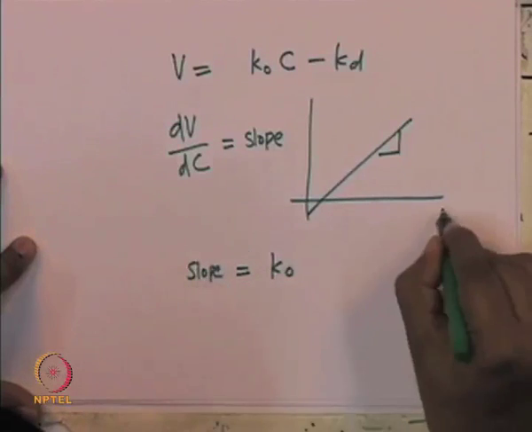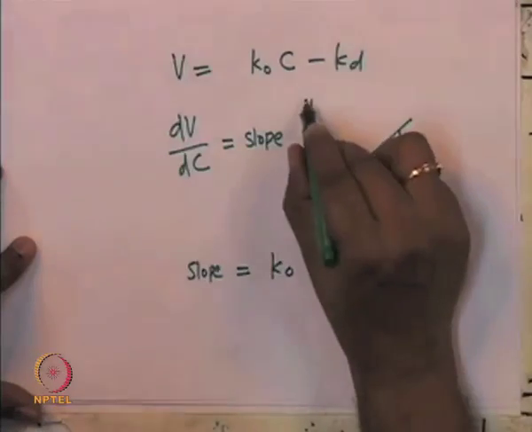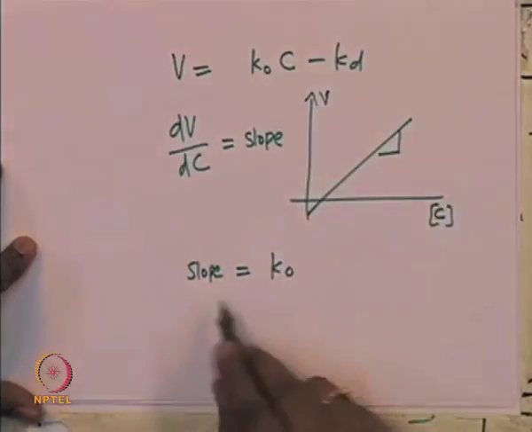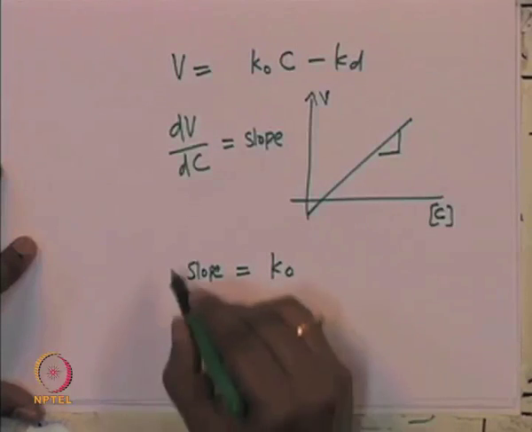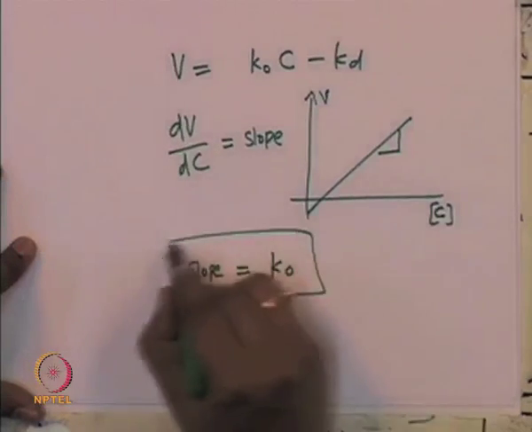So, this is C and this is V, and the slope is K0.